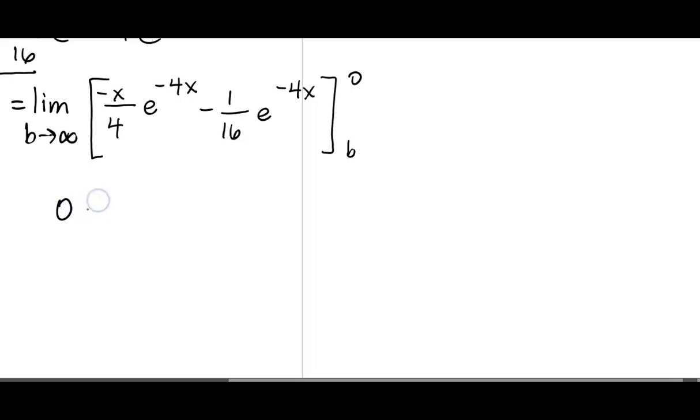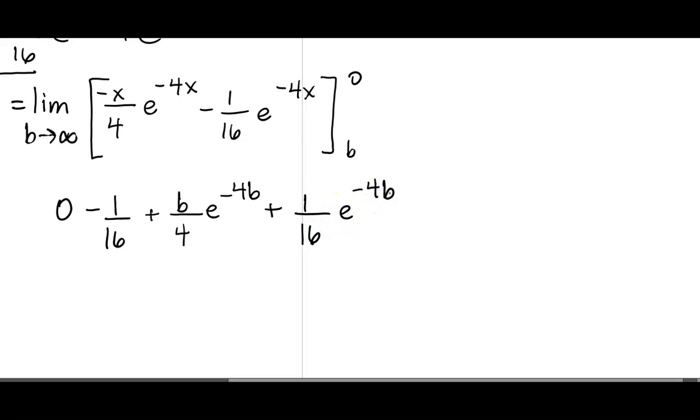I would have 0 minus 1/16, because anything to the 0 power is 1. I need to subtract and plug in my lower limit of b. When I subtract, this minus sign will become a plus. We'll have b over 4 e to the negative 4b. The other minus sign will become a plus. Not e to the 4x, but e to the negative 4b, because I'm replacing x with b.